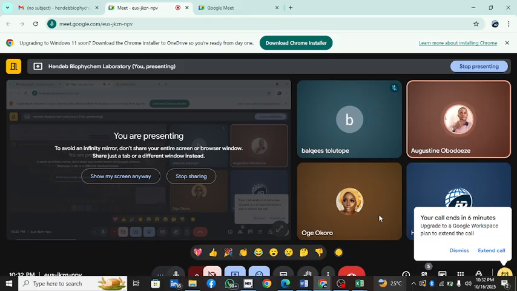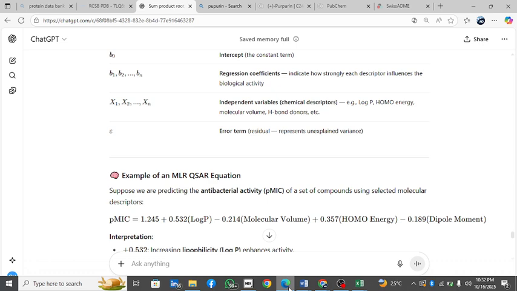But we have 6 minutes left. In our next class, we shall start talking about structure-based drug design, that is, docking proper. We shall not look at docking today, but I will give an assignment.